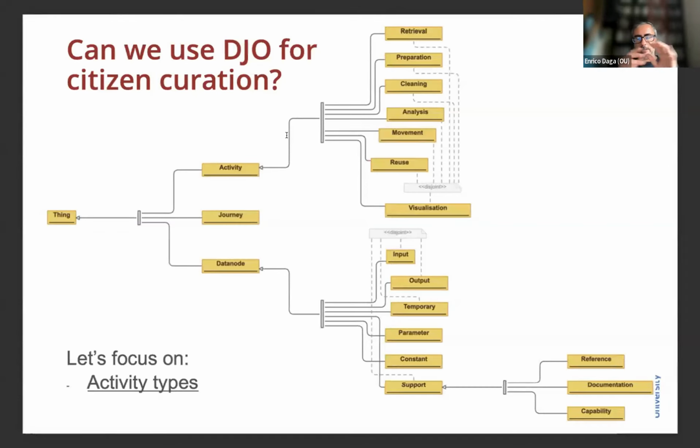Here you can see typical activities that are relevant to data science and scientific workflows, like you do preparation, you do data cleaning, you do data analysis, you move data, you reuse stuff, and then you visualize the output somewhere. Usually you generate a diagram and so forth.